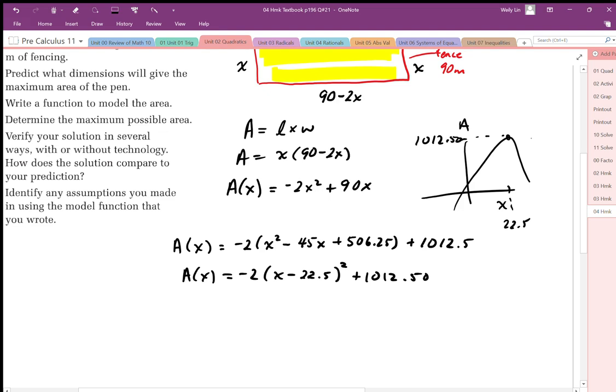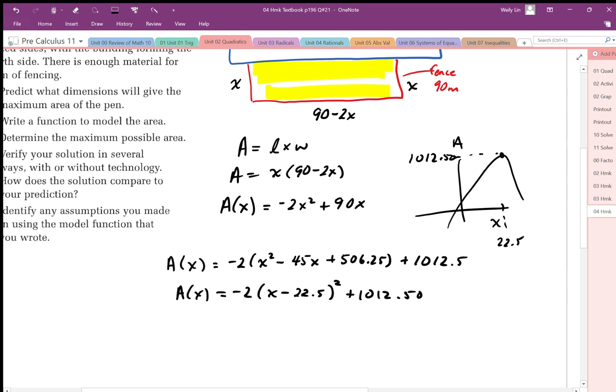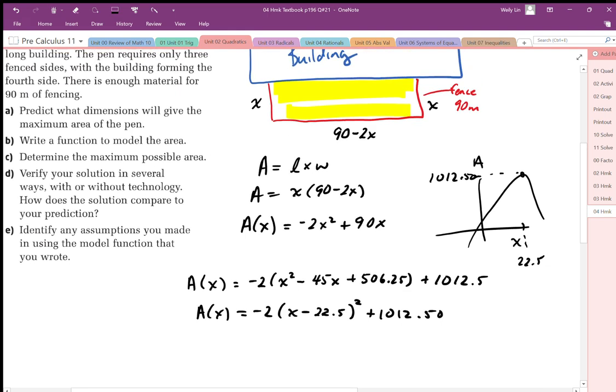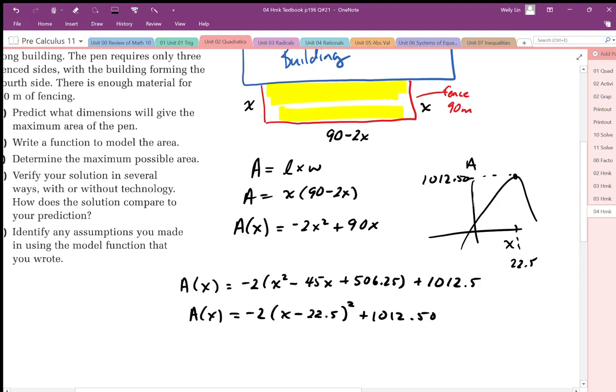This will give me the maximum area of that rectangular space. That's the area here, 1012.5, and the side length x is going to be 22.5. In this case we did completion of squares, and this will give us the maximum possible area of that space given the constraints.